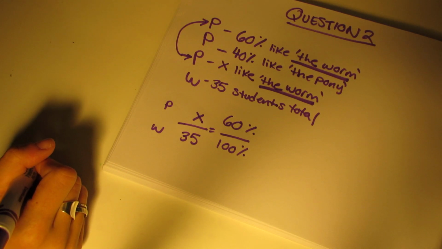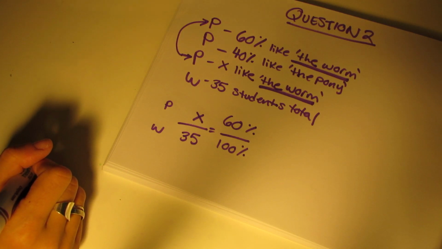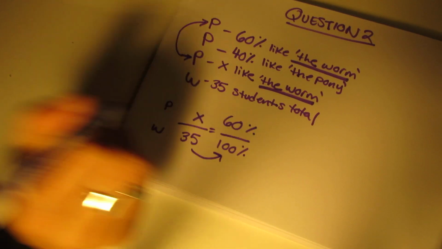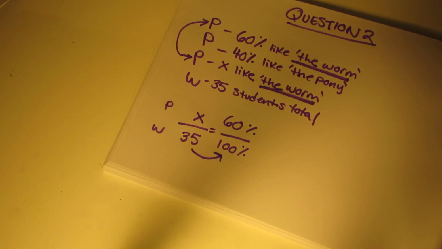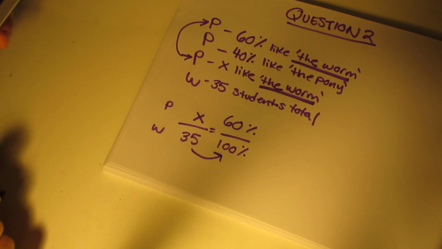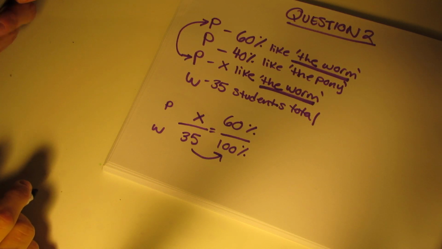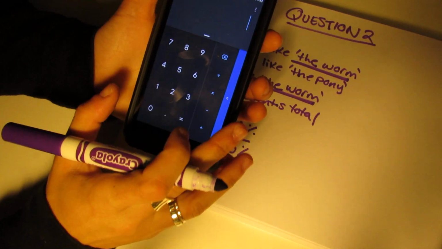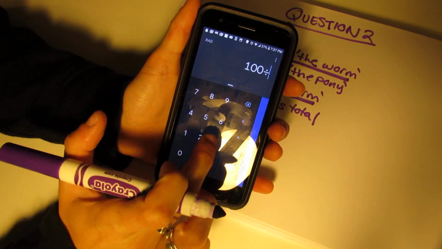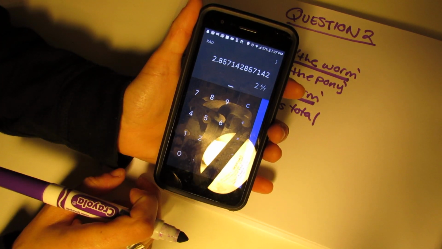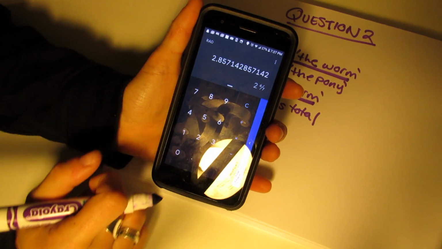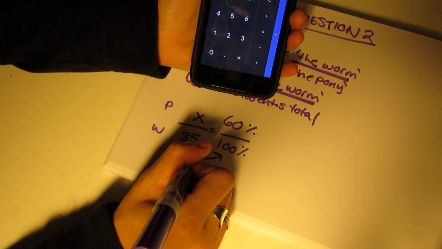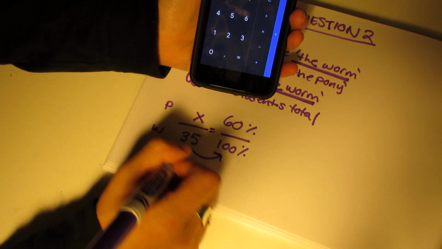Okay? So if I went ahead and scaled up, just like I told you, it's kind of hard to think about what I need to multiply 35 by to get to 100. So I'm going to work backward. I'm going to divide 100 by 35. And if I do that, I should get, you guys can see this, about 2.857. We're going to go 3 decimals, okay? So 35 times, actually let's go backward.